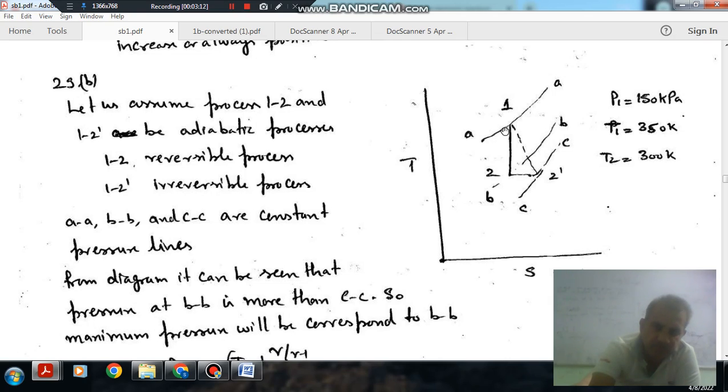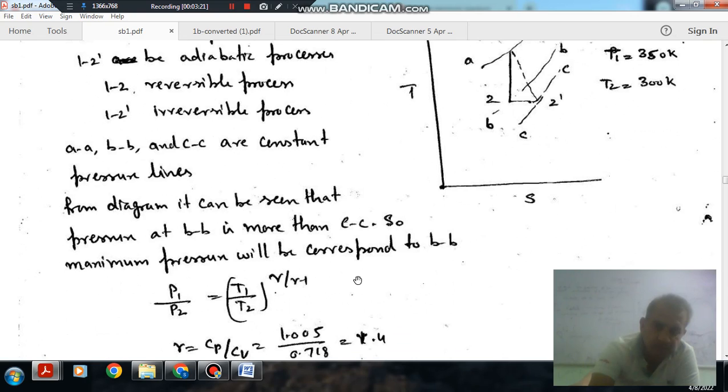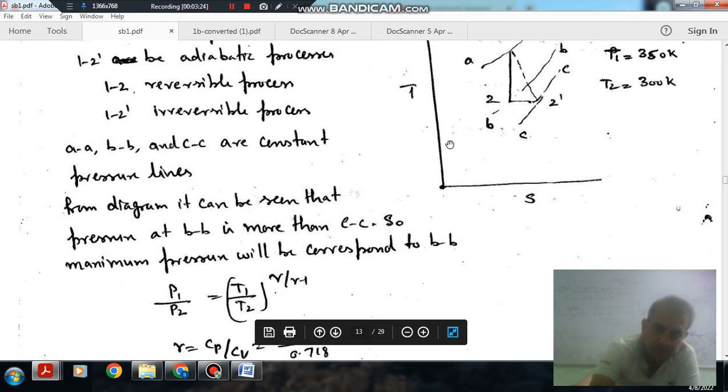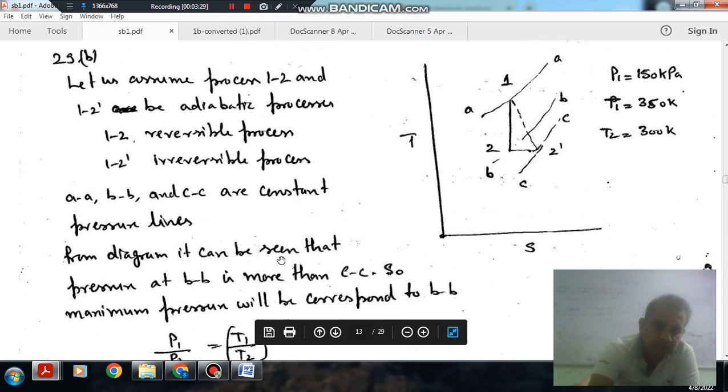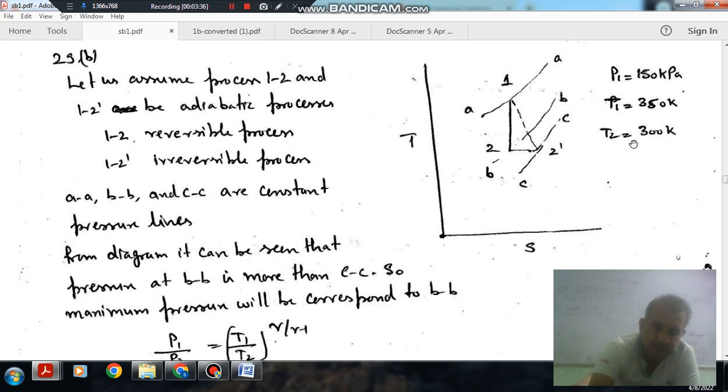If the process between 1 and 2 is isentropic, then the pressure at the station Q will be maximum.